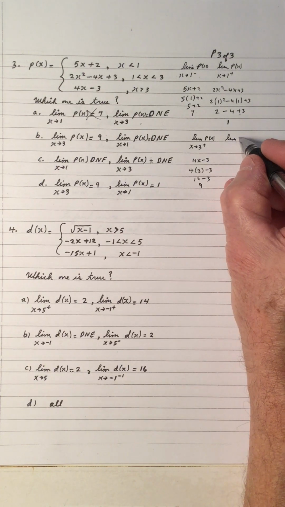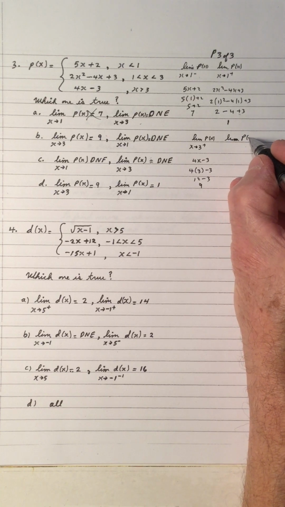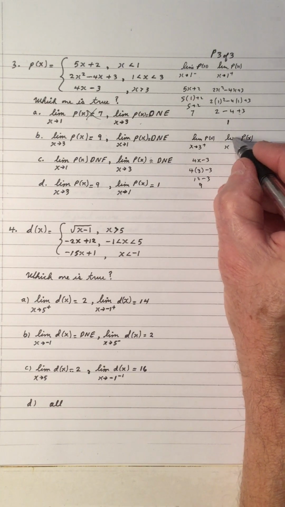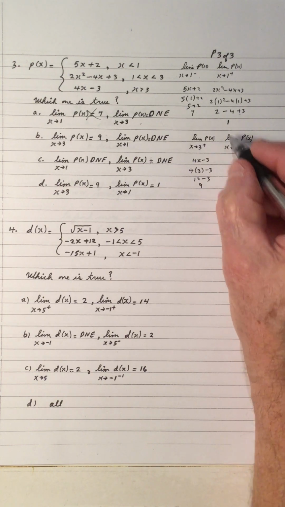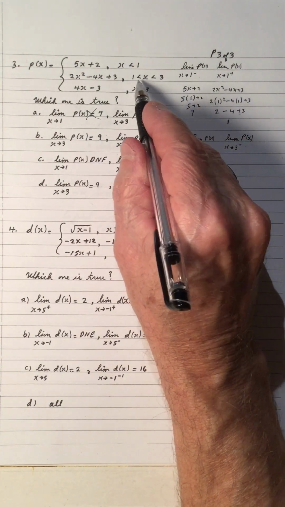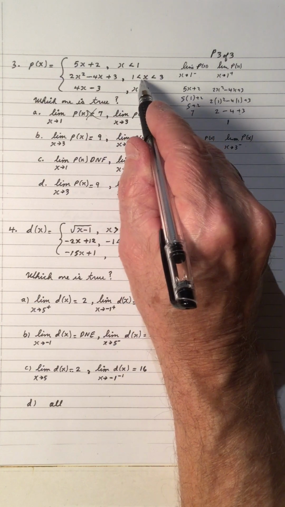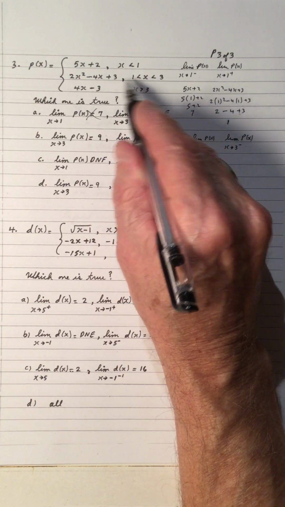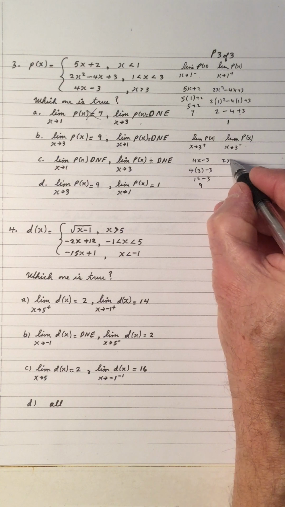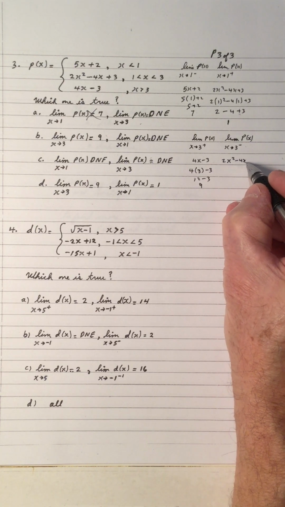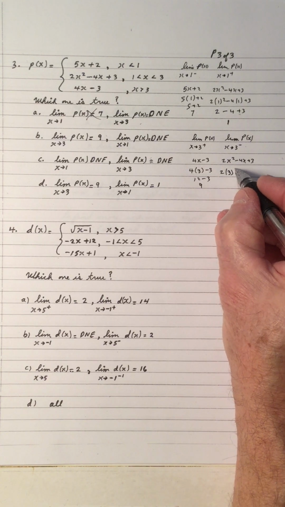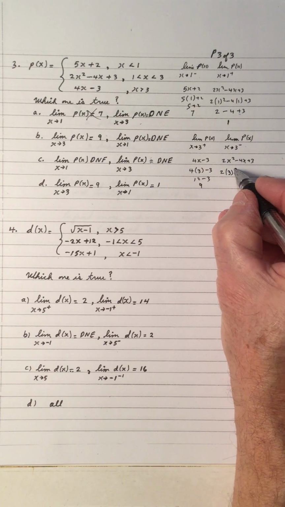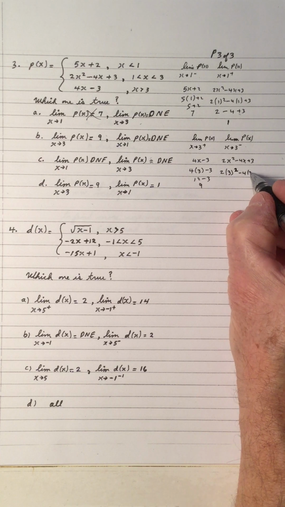And what's the limit of p of x as x approaches 3 on the negative side? On the negative side, this is from 1 to 3, so we have 2x squared minus 4x plus 3, and we have to put 3 in place of x.